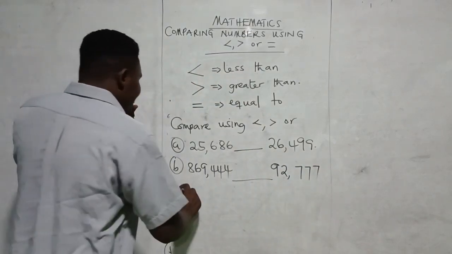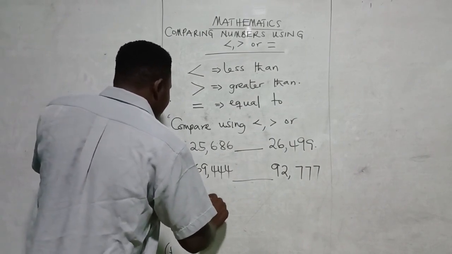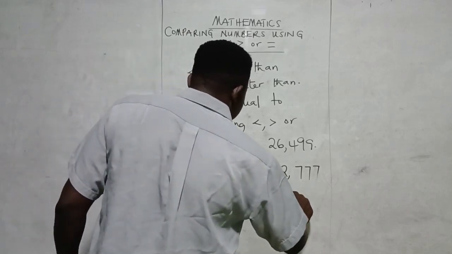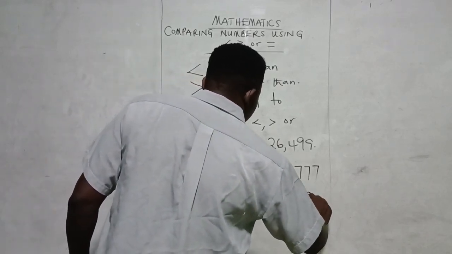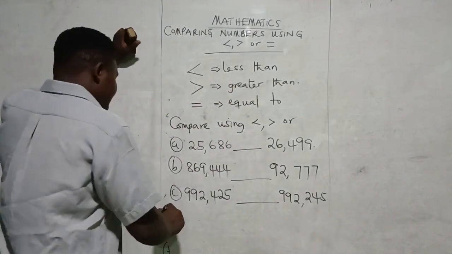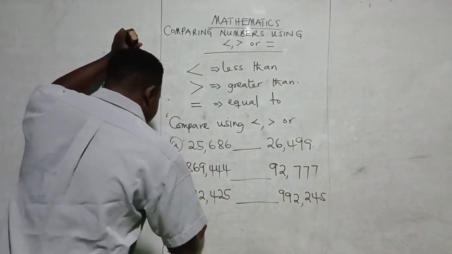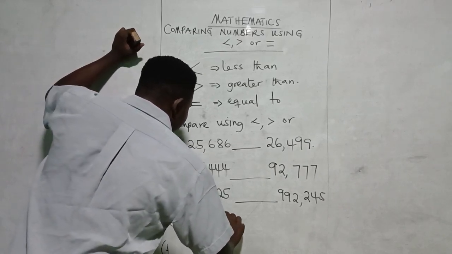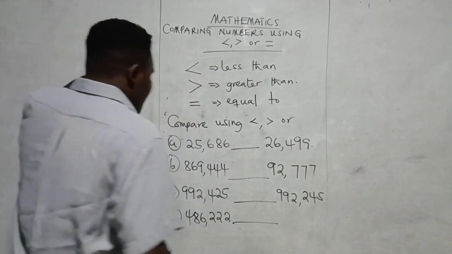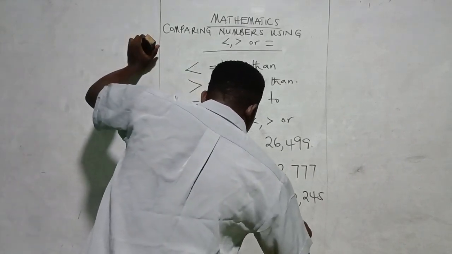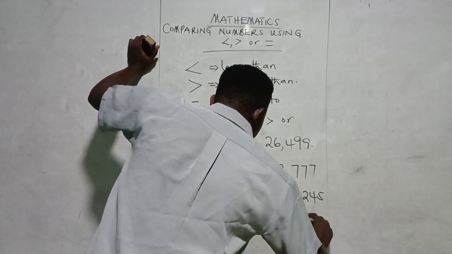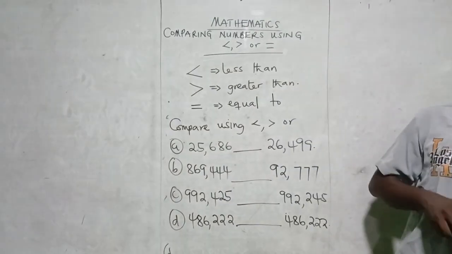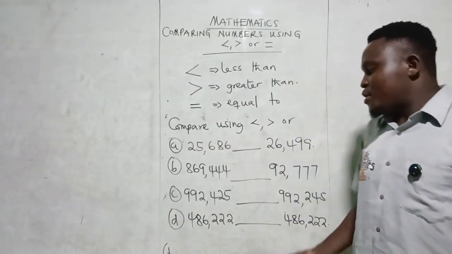C, we are going to have 992,425. On our right side, we are going to have 992,245. And then our last question for today, we're going to have 486,222. On our right side, we are going to have 486,222. All right, so do the exercise, and the next time we meet, we are going to see if you've gotten that right.